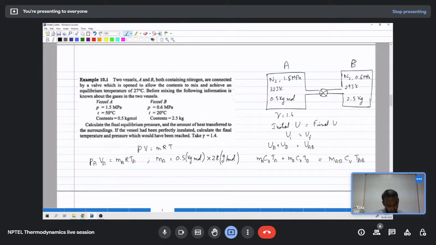So this will be 14, mole get cancelled, and we will be left with, so this should be written as, since it has a kilogram mole, we should write it as 0.5 into 10 power 3 gram per mole. So this will be 14 into 10 power 3 kg.